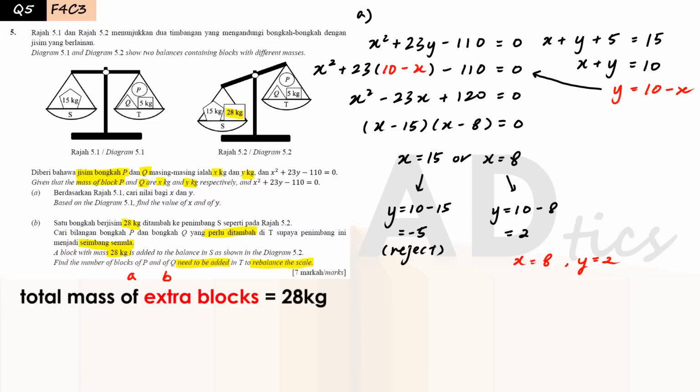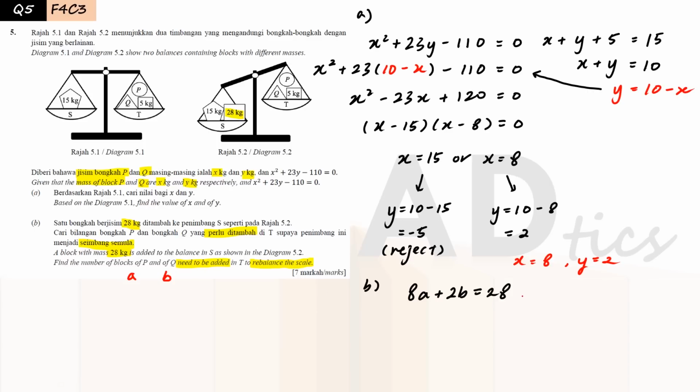According to the answers in part A, every block P is 8 kg, so 8 times A, plus the mass of block Q multiplied by the number of blocks of Q, which is 2B, equated with 28.